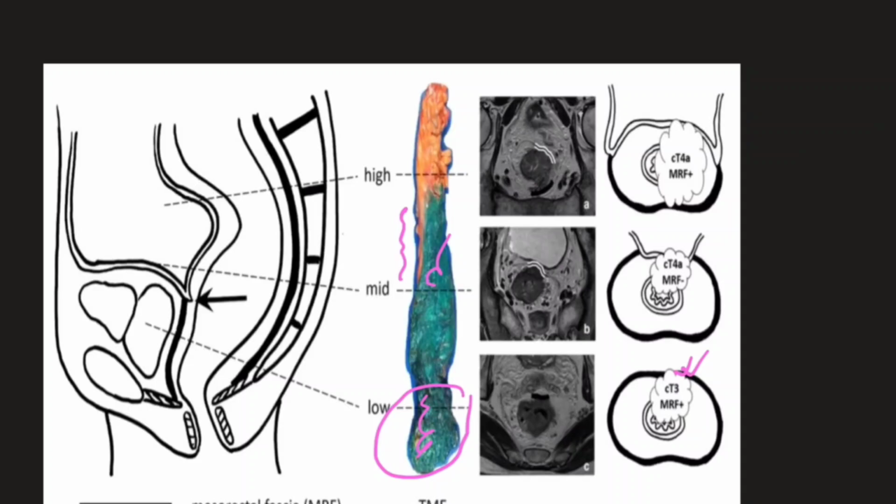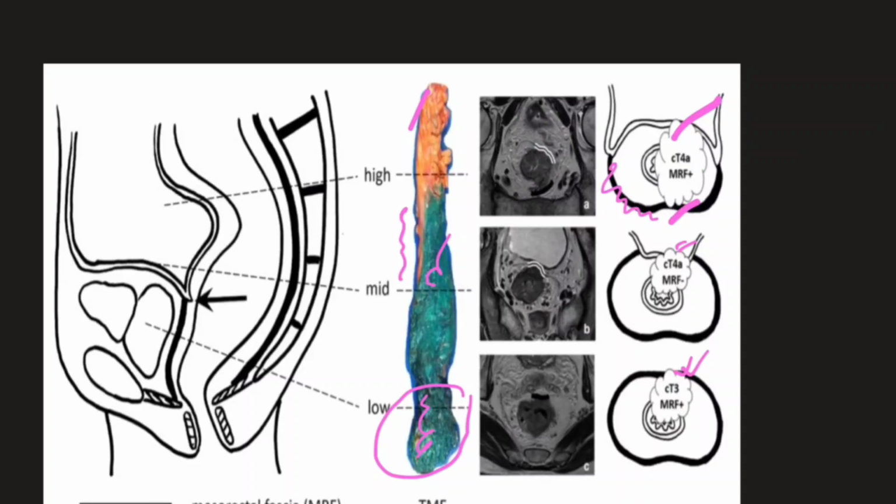So if any tumor is involving here, it's T4 disease, T4A, but MRF negative. And in the high rectum, it's entirely covered by peritoneal lining on anterior as well as lateral. Just posteriorly, there is mesorectal fascia. And see, there is tumor that is involving anterior part also and posterior part also. So it's like T4A disease with MRF positive.